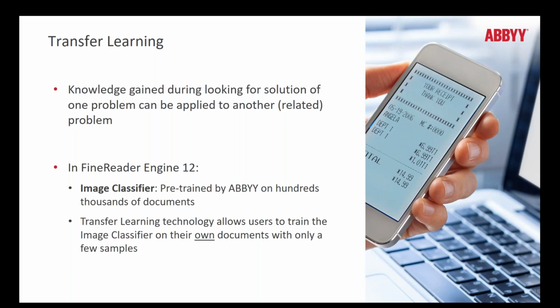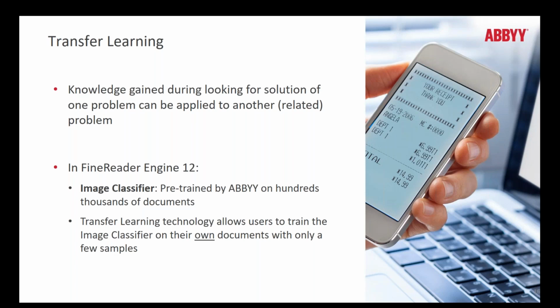So if it's you or your husband or child, if you, for example, learned how to cook potatoes, you will be able, with the knowledge you gained during the cooking course, to cook carrots as well, for example.